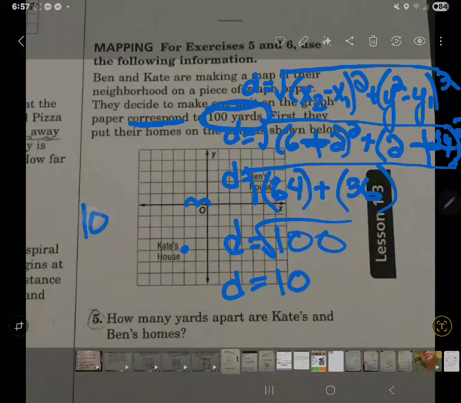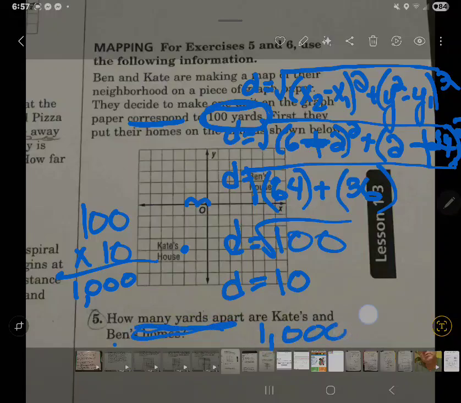So 100 yards times 10, right? What do we get? We get 1,000 yards. All right, so how many yards apart are Kate's and Ben's homes? Notice that it asks me how many yards. So it's 1,000 yards. Easy peasy, lemon squeezy.